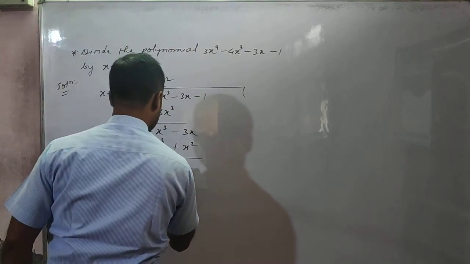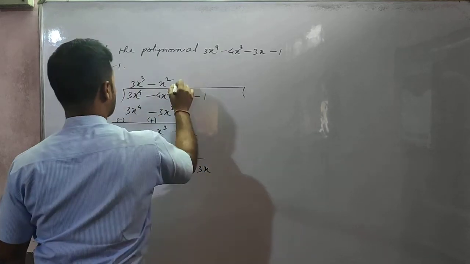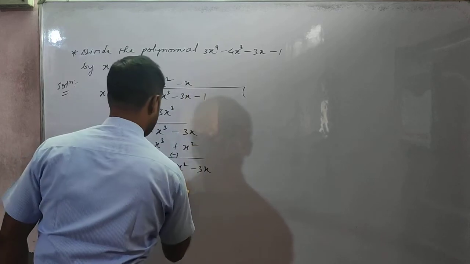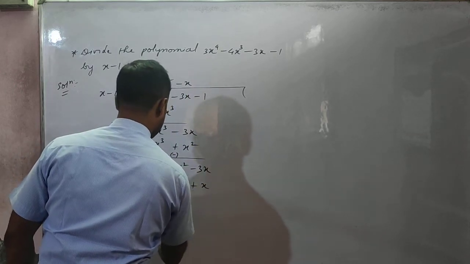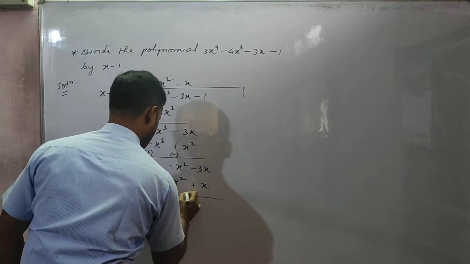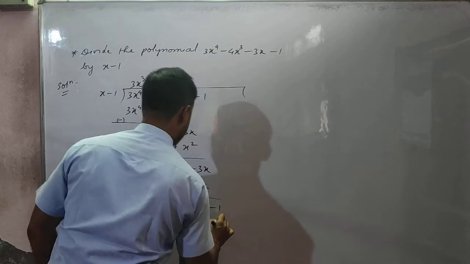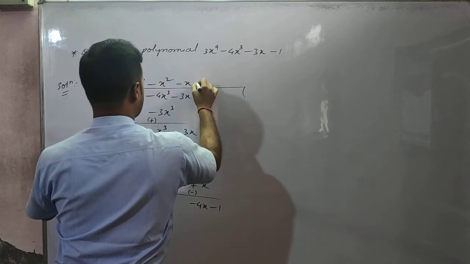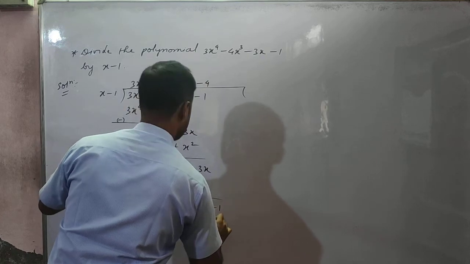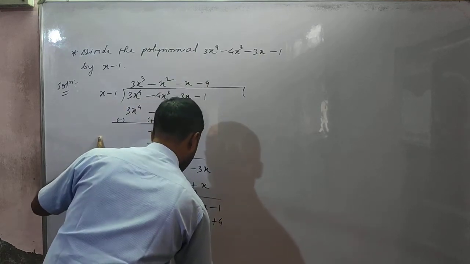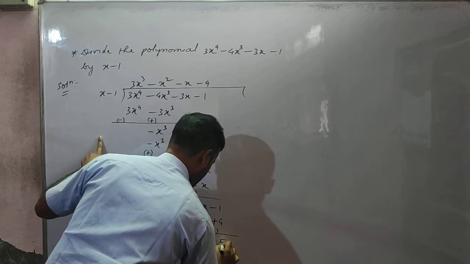Okay, minus x squared, minus 3x, minus x squared plus x, minus 4x minus 1, minus 4x plus 4, minus 5.